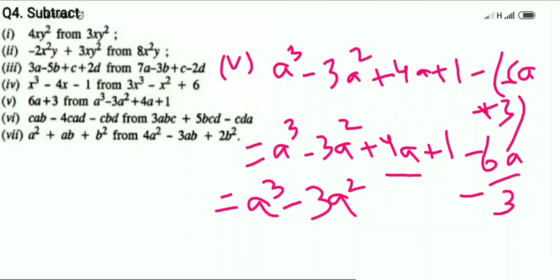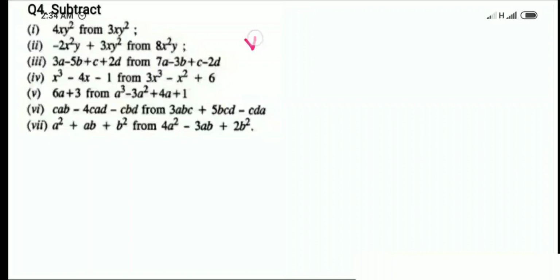Minus 6 is greater, that's why only 2a is left from minus 6a, and minus 3 and plus 1 becomes minus 2, because 3 is greater and it has minus sign. Therefore after subtraction, minus 3 plus 1 will be equal to minus 2.